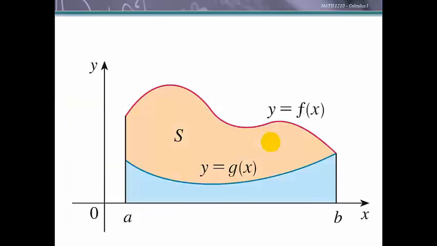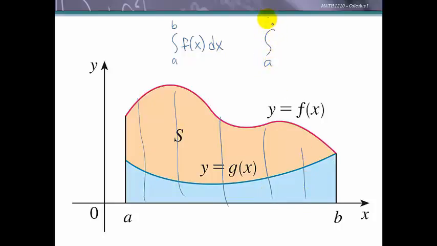Now what if we had both functions always positive? We actually could integrate from a to b of f of x dx, and that would give us all of this, and then we could integrate from a to b of g of x dx, and that would give us this area here, and then we could subtract them, and that would leave us what we needed, the area between curves.